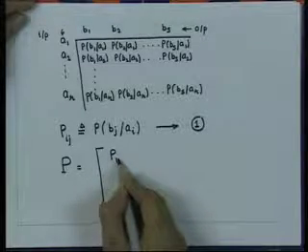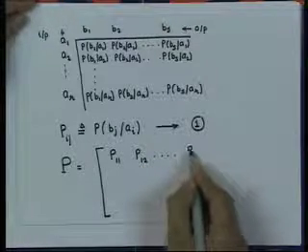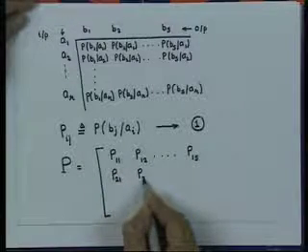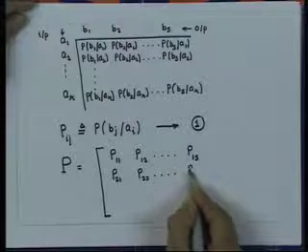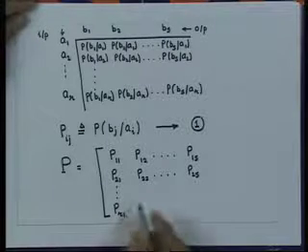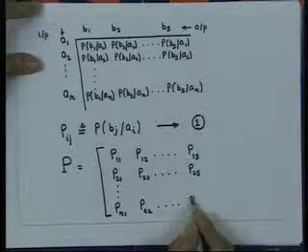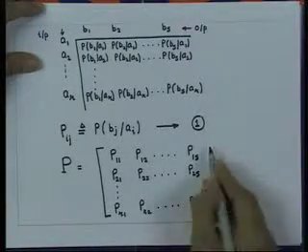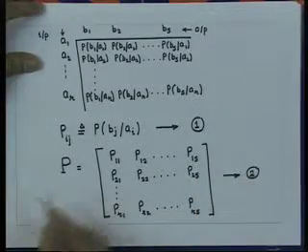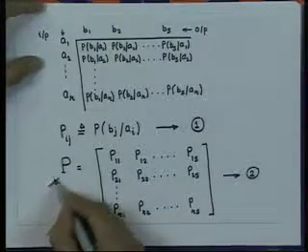We have P11, P12 up to P1S, P21, P22, P2S, and finally we have for the last row PR1, PR2 and PRS. So, this becomes a channel matrix.